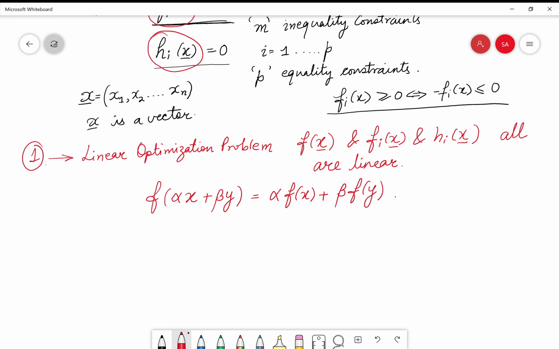If your objective as well as constraints are linear, then your optimization problem is a linear optimization problem, and these kinds of problems are very easy to solve.